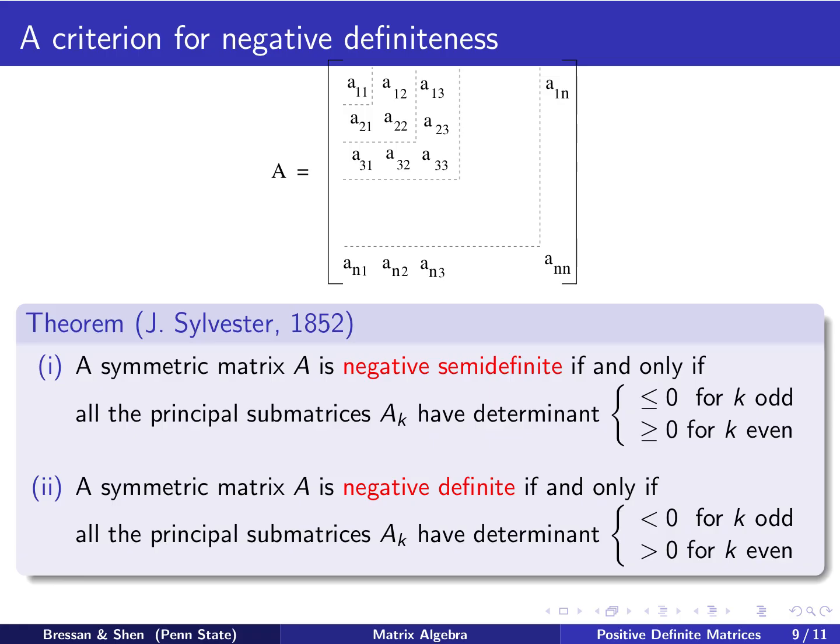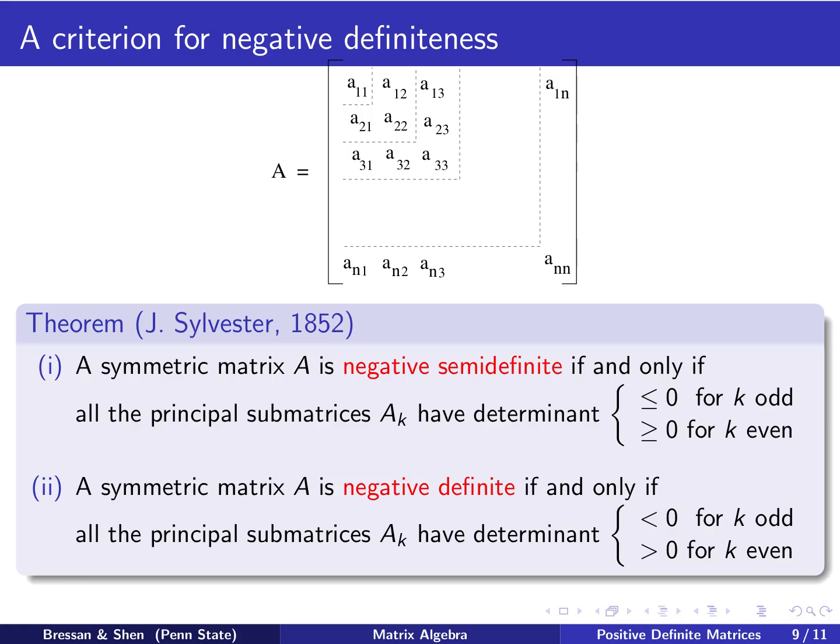For a symmetric matrix A to be negative semi-definite, the criterion is that all the principal submatrices A_k have determinant changing sign. It is less than or equal to 0 for k odd and bigger than or equal to 0 for k even. And for the negative definite case, it changes sign as well, but it will be strictly less than 0 for k odd and strictly bigger than 0 for k even.